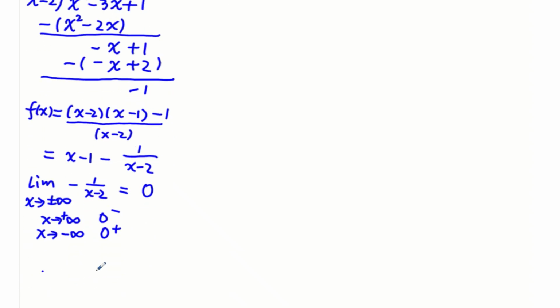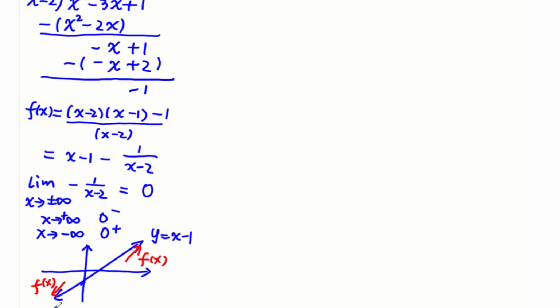What it means is, we have x minus 1, so if we graph the line y equals x minus 1, when x approaches positive infinity, the function f of x approaches y equals x minus 1 from below. And at negative infinity it approaches y equals x minus 1 from above.